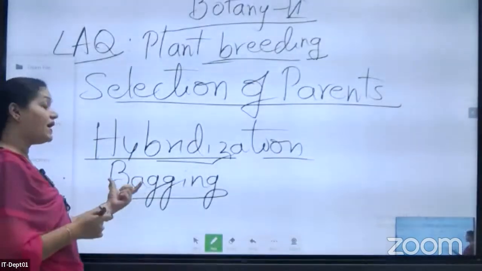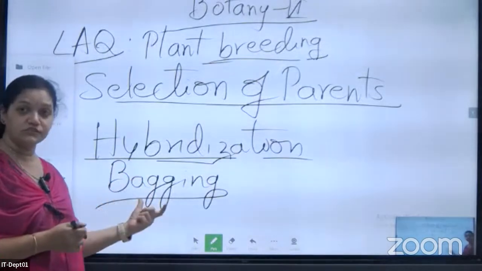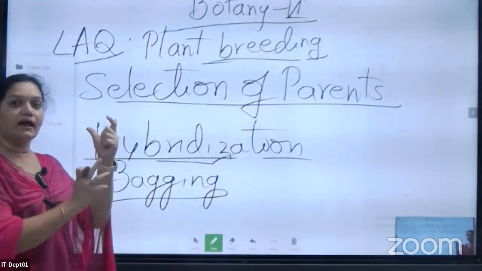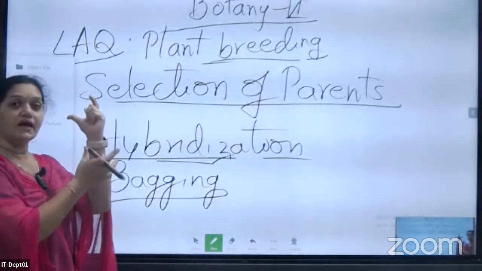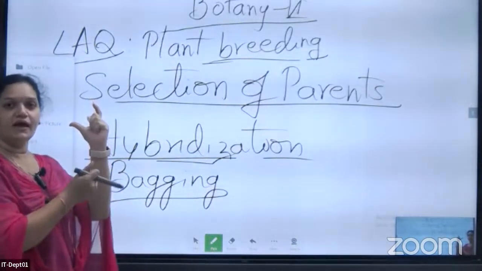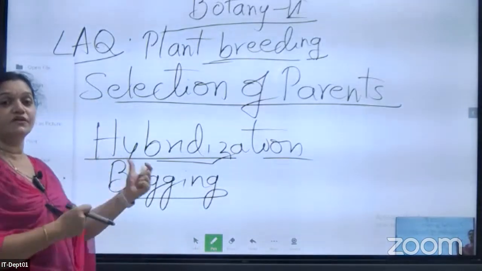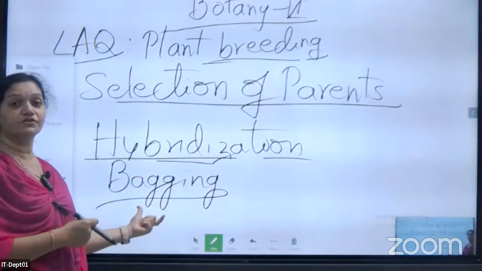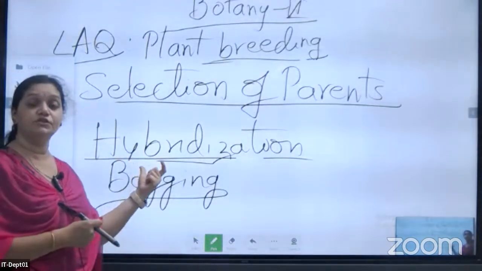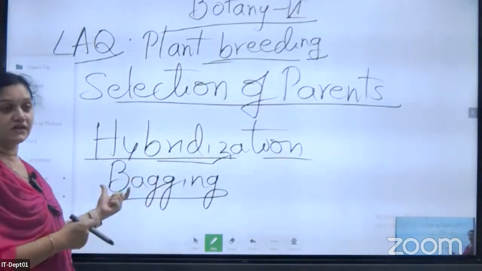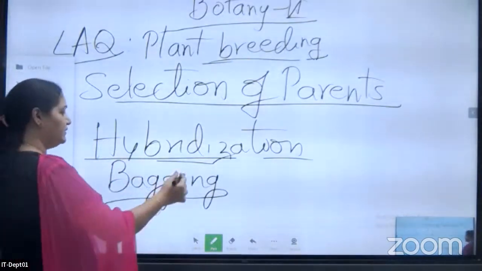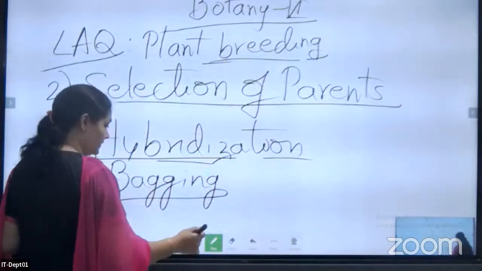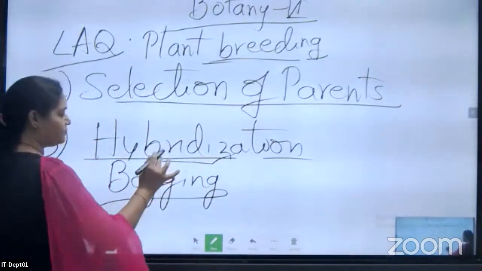After putting this sterilized cover, we tie it at the bottom with thread, and labeling should be given for the female parent. The emasculation must also be mentioned on the tag. Then we go to the next step in the hybridization process.